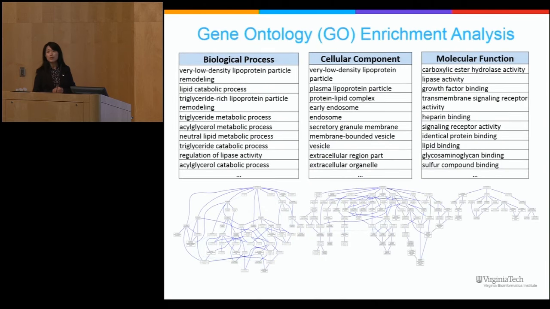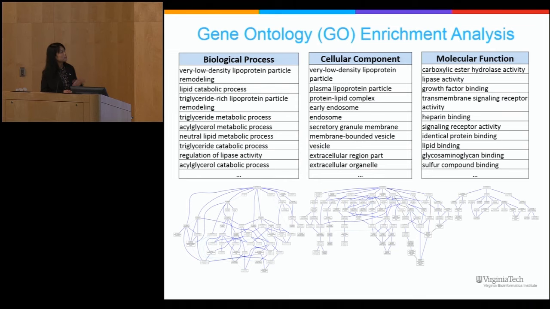So here is one example of a gene ontology analysis result. Basically, gene ontology provides controlled vocabulary terms that describe biological processes, cellular components, and molecular functions for gene products.